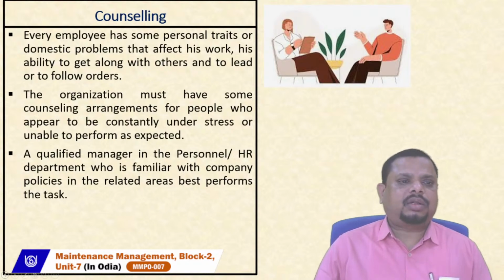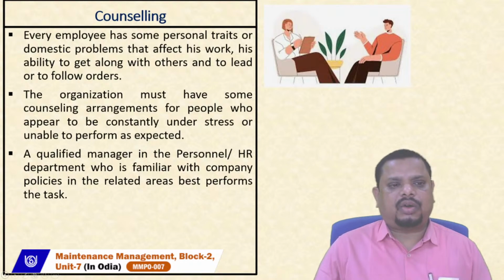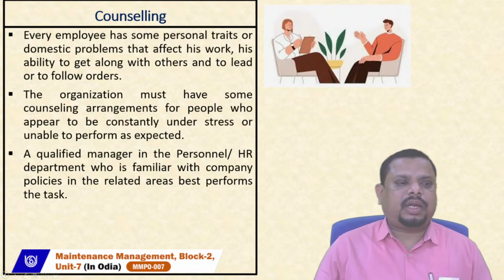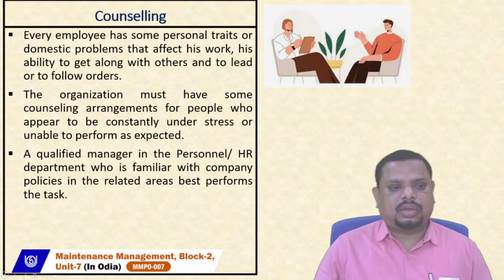So if you go to point number one, every employee has some personal trait or domestic problem that affects each one, and his ability to get along with others and to lead or to follow orders. So the organization must have some counseling arrangement for the people who appear to be constantly under stress or unable to perform as expected.